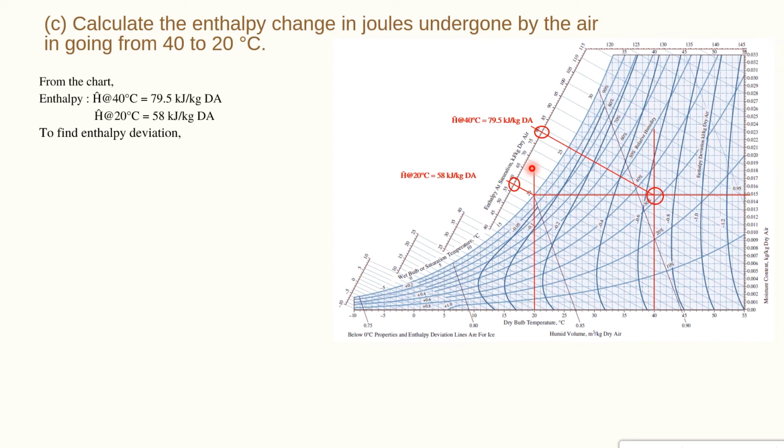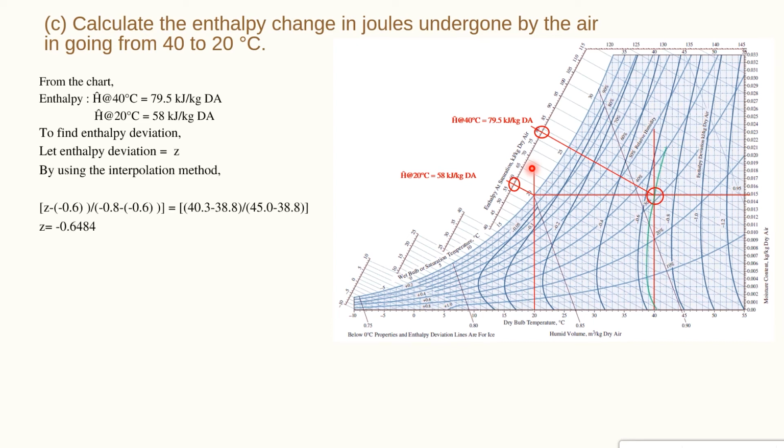Next, we have to find the enthalpy deviation because at 40 degrees Celsius, the air is in the superheated region. So we draw a curve at 40 degrees Celsius and let the enthalpy deviation equal Z, and use the interpolation method by using the value of the enthalpy deviation and also the dry bulb temperature.